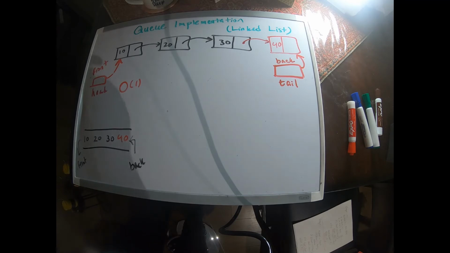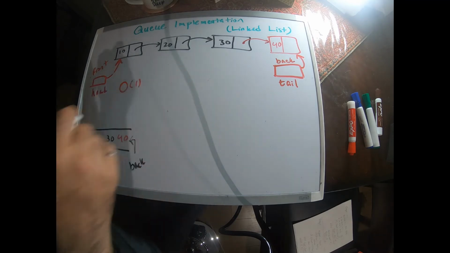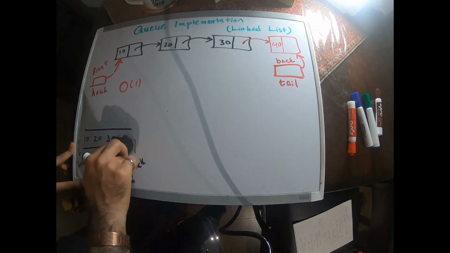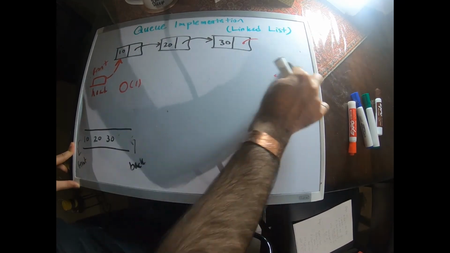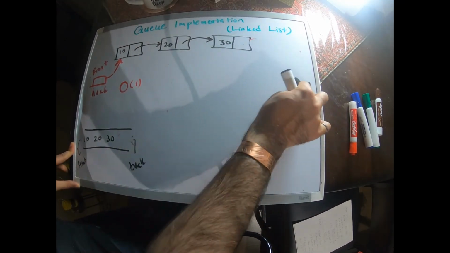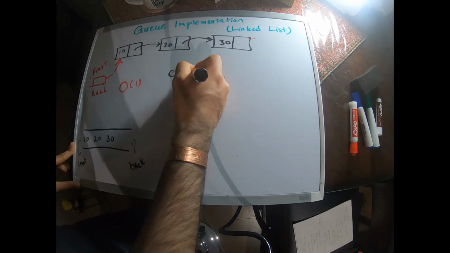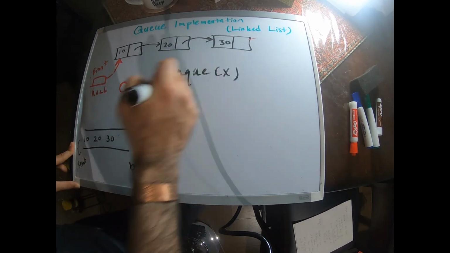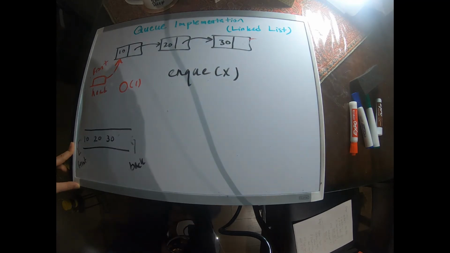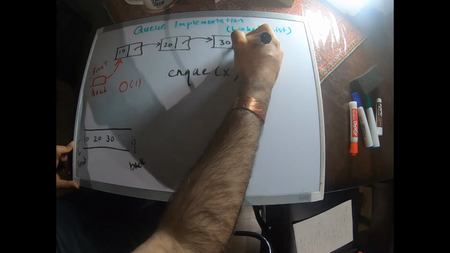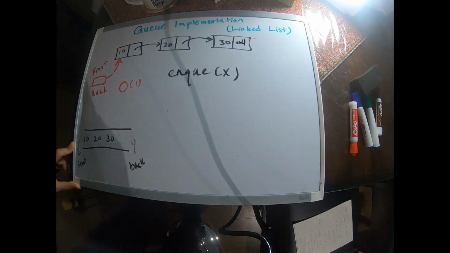So let's now look at the enqueue part. Let's actually do this. We want to enqueue another number here, and this is what we have so far.